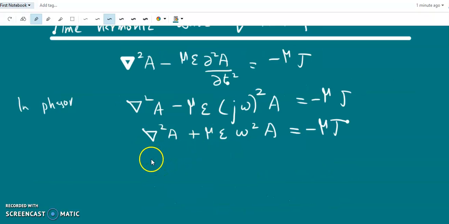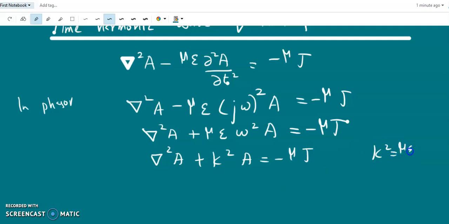So this can be written as del square A plus k square A is equal to minus mu J, where k square is equal to mu epsilon omega square, and k is equal to omega root mu epsilon. So root mu epsilon is 1 over the velocity of propagation.